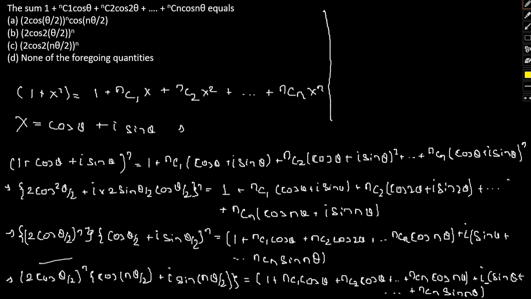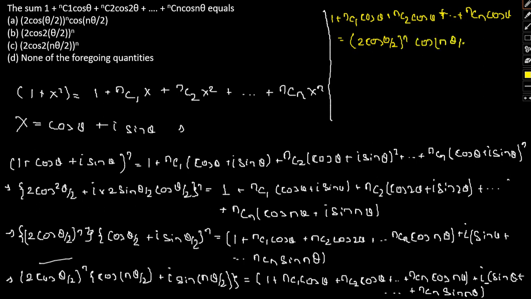So if we equate the same, what we have is 1 plus nC1 cos theta plus nC2 cos 2 theta plus dot dot dot plus nCn cos n theta will simply be equal to 2 cos theta by 2 to the power n and cos n theta by 2.